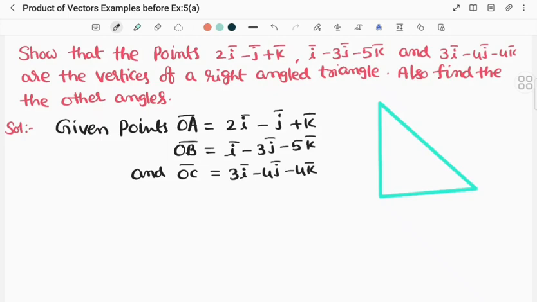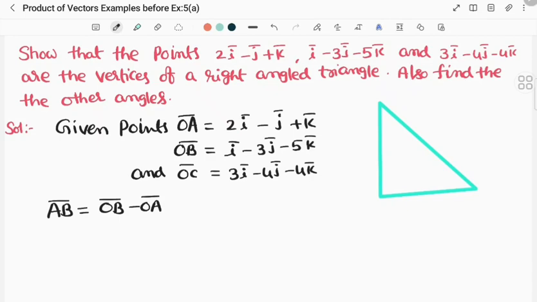But to prove the given points form a right angle triangle, we need to find the sides. So the AB side means OB minus OA.